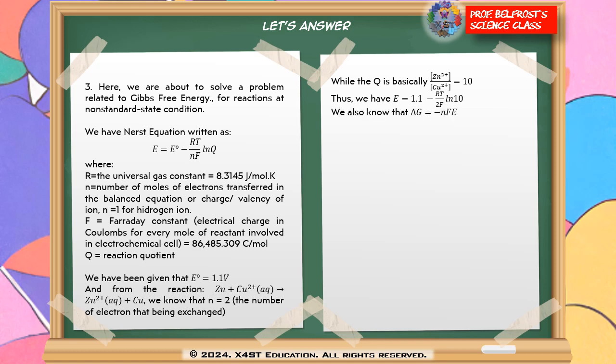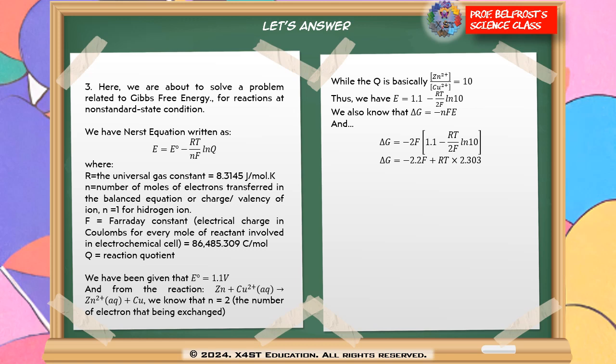And we also have to memorize this equation: delta G, the Gibbs free energy, equals minus nFE. E is the energy from the Nernst equation that we have solved before. So we can write it as delta G equals minus 2F times 1.1 minus RT over 2F times ln 10.